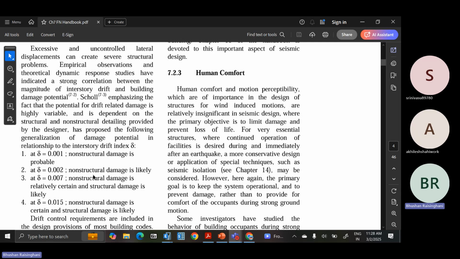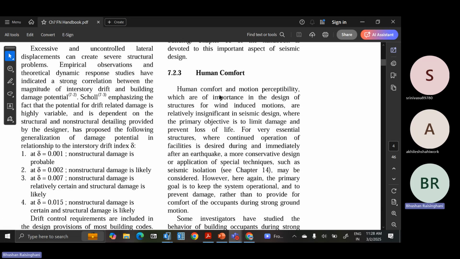So many categorizations are done, saying what the drift ratio is, what will happen to the building, and what should be our limiting displacement. As per IS 456, 0.4%, we have to limit the interstory drift. Otherwise, non-structural damage will happen to the building components. So that way 0.4% has come into our IS code.